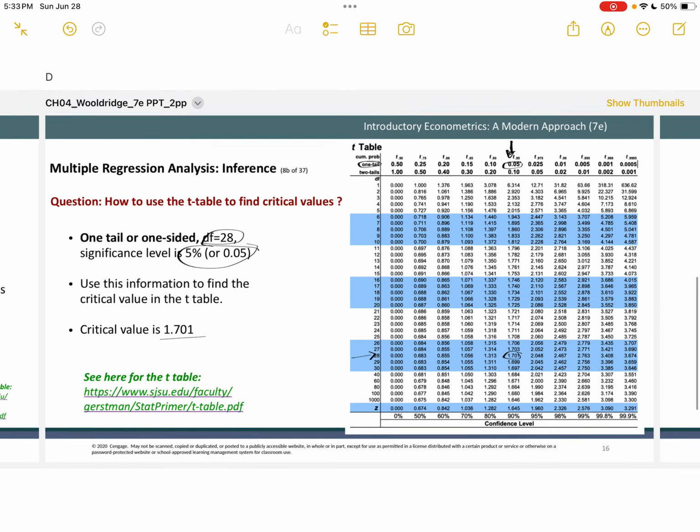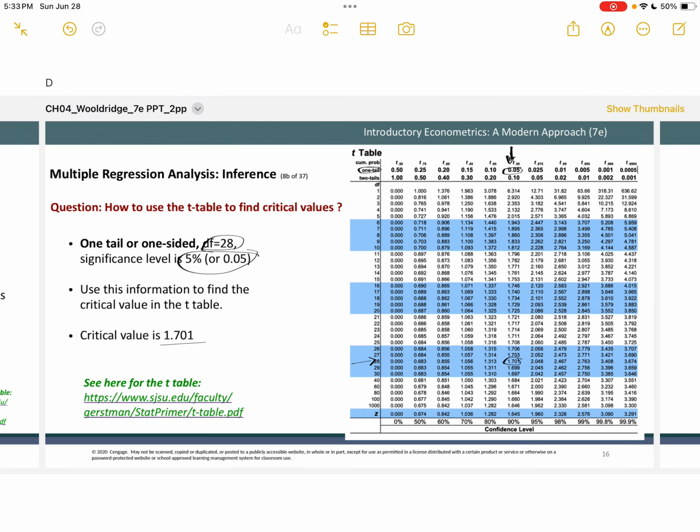If you look at the table carefully, you will notice that the degrees of freedom towards the top are quite small. So we use this when our sample sizes are small.